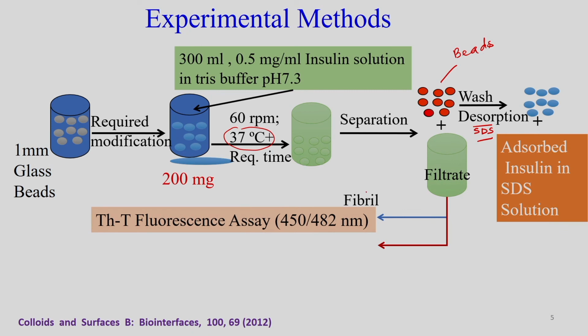For the aggregate, as we discussed, we perform the ThT fluorescence assay, which particularly binds to the aggregates and gives enhanced fluorescence at excitation and emission wavelengths of 450 and 482 nanometer. For the residual insulin we can simply perform a colorimetric method like a BCA assay, or sometimes, if the aggregation is turbid, we can measure its absorbance as well.